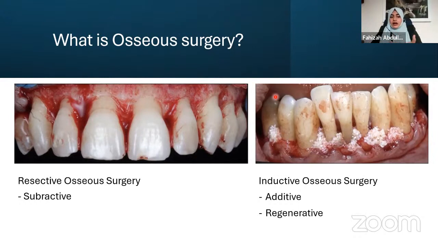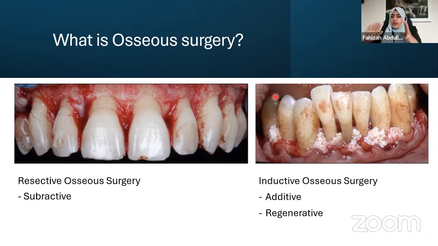But again, I would say there is some amount of resective osseous surgery done even when you're doing regenerative osseous surgery. You cannot achieve regenerative surgery completely without eliminating the bony deformities. Imagine you have a bony deformity and you just put a bone graft on it; it's not going to work out.